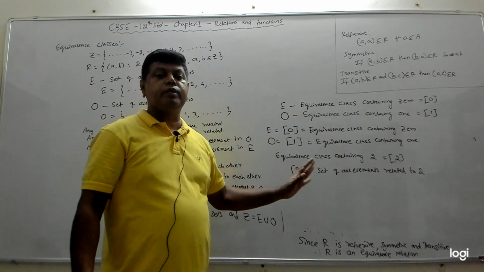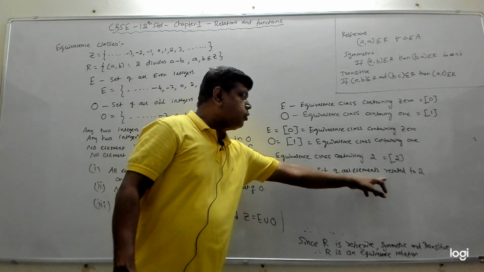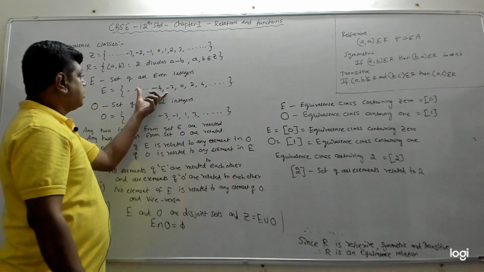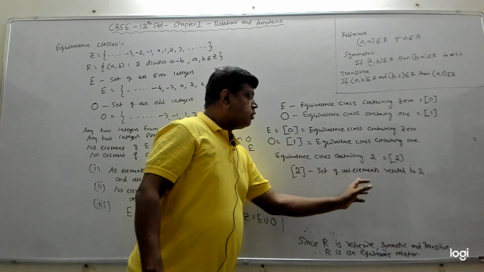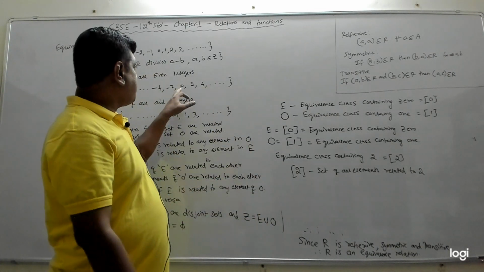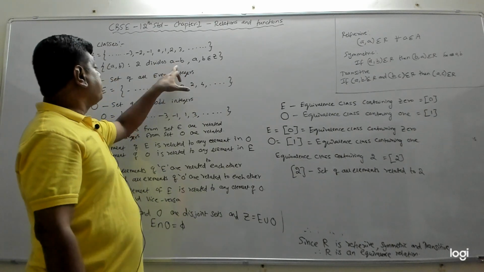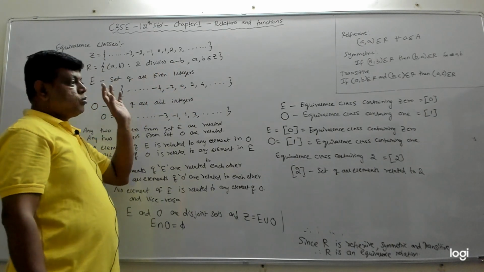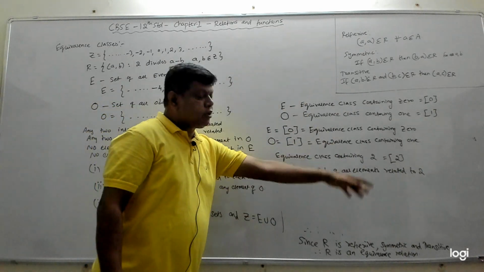So the set of all elements related to 2 is what? We know that every even number is related to 2. Right? Because 2 is also here and 2 is related to every even number. See, 0 is related to 2 because 0 minus 2 is minus 2, which 2 divides. Then 2 is also related to 2 and 4 is also related to 2.